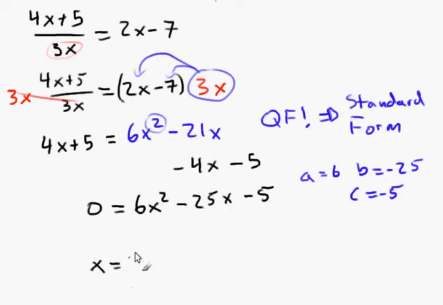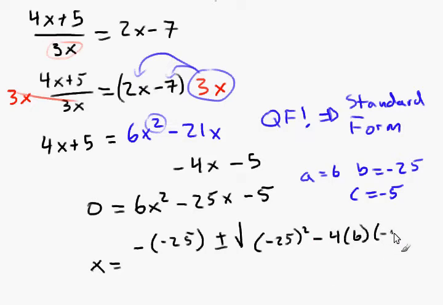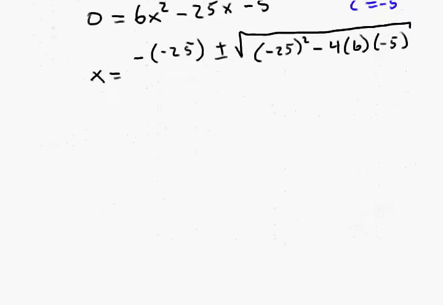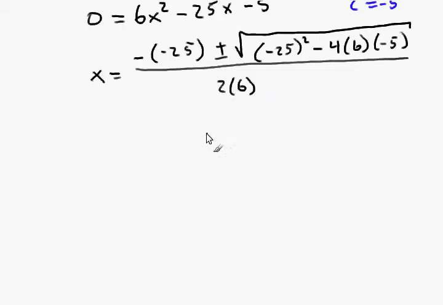We can handle it. So x will be equal to a negative 25, plus or minus the square root of negative 25 squared minus 4 times 6 times a negative 5. And then our denominator will be 2 times 6. Let's start to simplify.